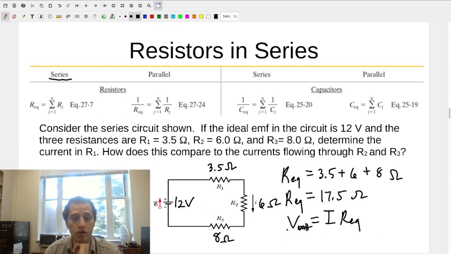The sum of the drops over these resistors would equal the sum of the potential rise across the battery. So the next step is to say that I equals 12 volts over 17.5 ohms. And so volts over ohms gives you amps.